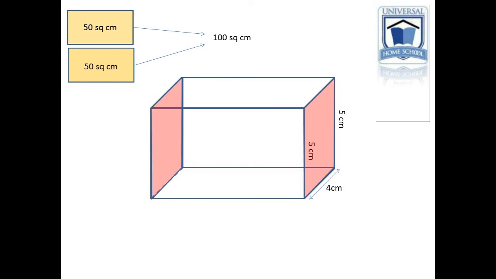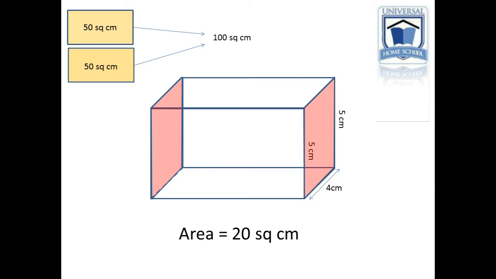Now the 2 sides. Again, we use the same area formula, which is length times width, or width times height. In this case, it's 4 times 5. So the area of one of the side faces is 20 square centimeters.